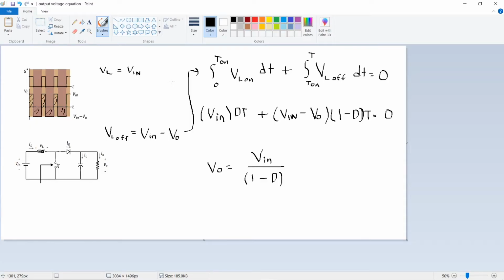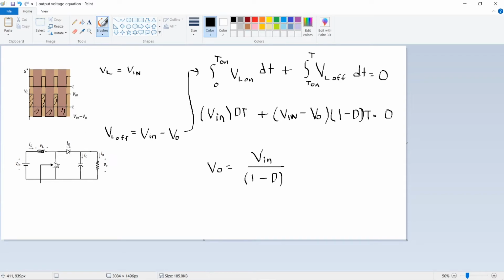Assalamualaikum. I'm going to explain about the derivation of output voltage and voltage ripple. First, let me derive the output voltage equation. To find the output voltage, we can simply calculate the voltage at the capacitor, since it is in parallel.